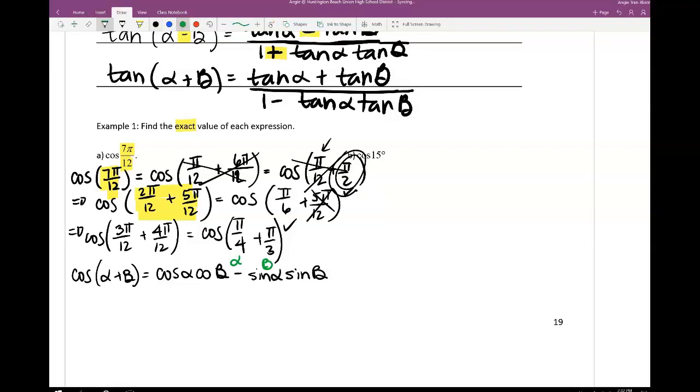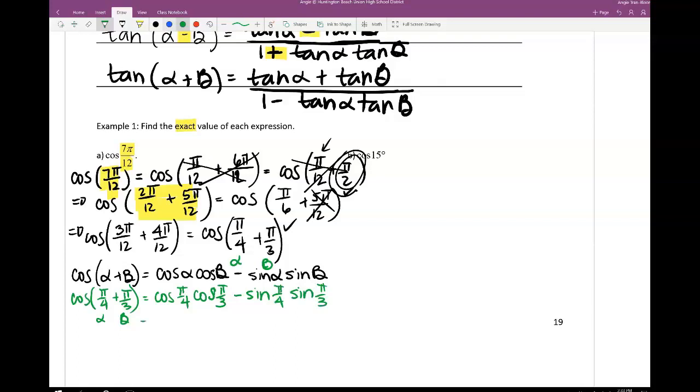Then we fill it in. We have pi over 4 plus pi over 3. Alpha is pi over 4 and beta is pi over 3, so here we go. Cosine of pi over 4 times cosine of pi over 3, minus sine of pi over 4 times sine of pi over 3, okay?